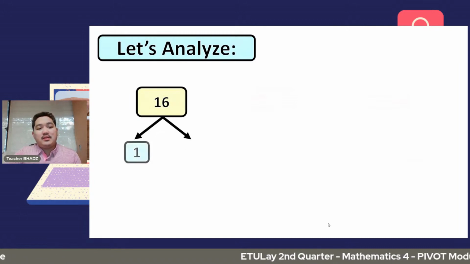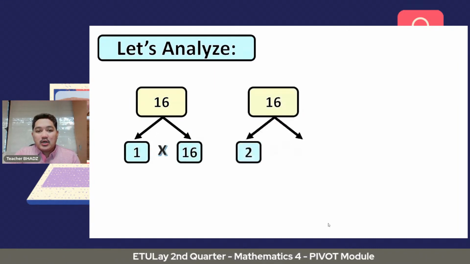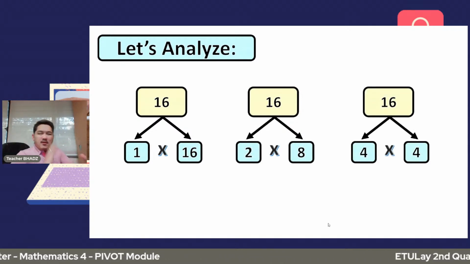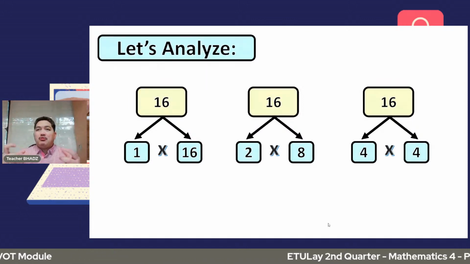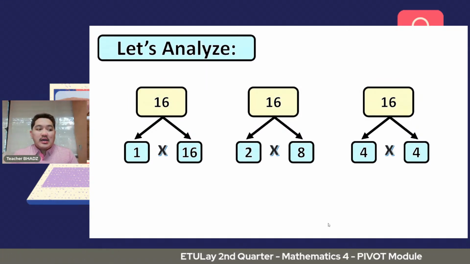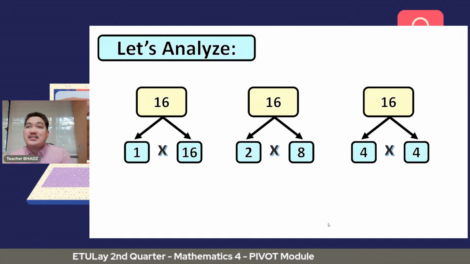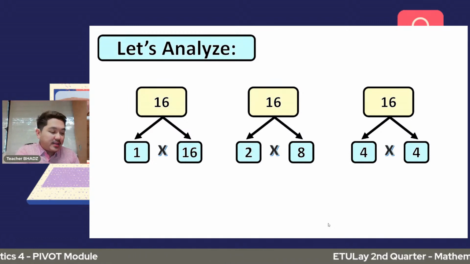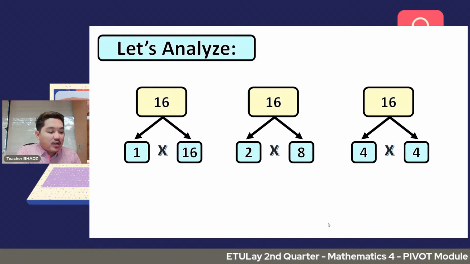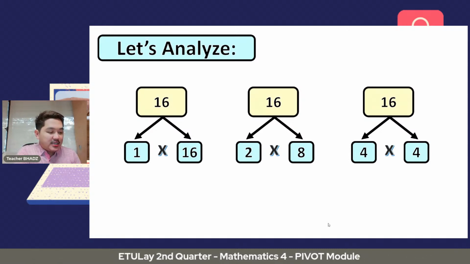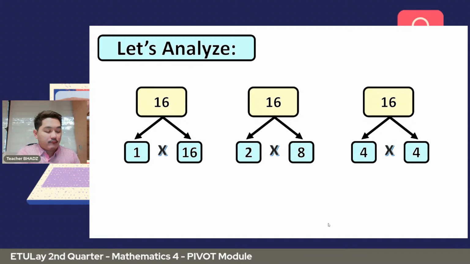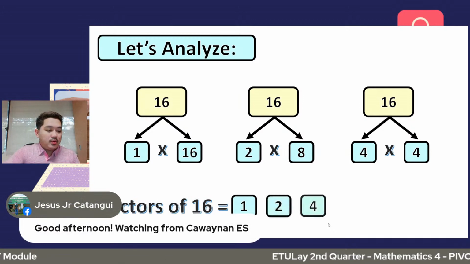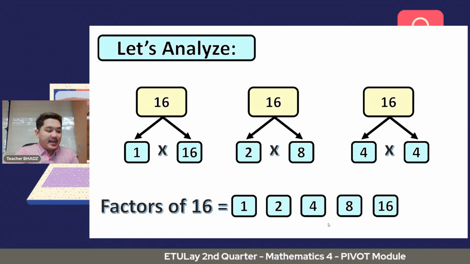What about 16? We have 1 and 16, 2 and 8, and 4 and 4. So ano ba yung factors? Mag-iisip kayo ng dalawang number na pag minultiply nyo, ang sagot ay 16. If we're going to list all the factors here, ang magiging sagot po natin ay 1, 2, 4, 8, and 16.